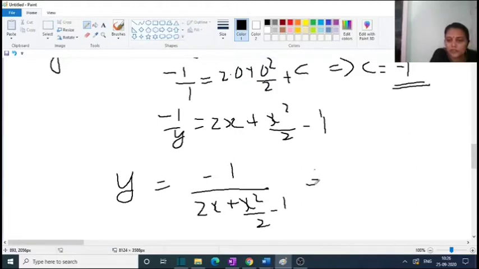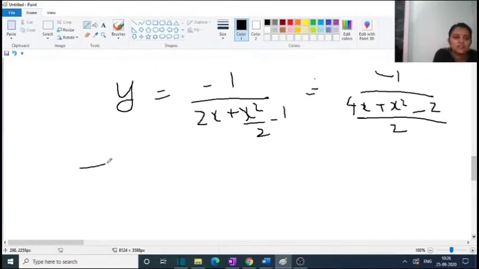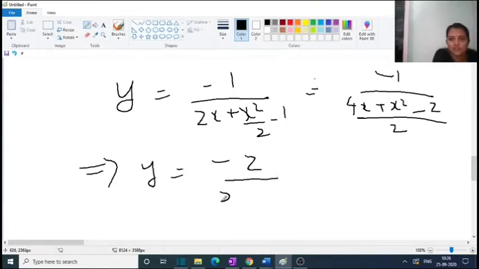So here 2 is the LCM of the denominator, so this becomes minus 1 by (4x plus x square minus 2) all divided by 2, which we could write taking the 2 to the top, that is y is equal to (minus 2) by (x square plus 4x minus 2).